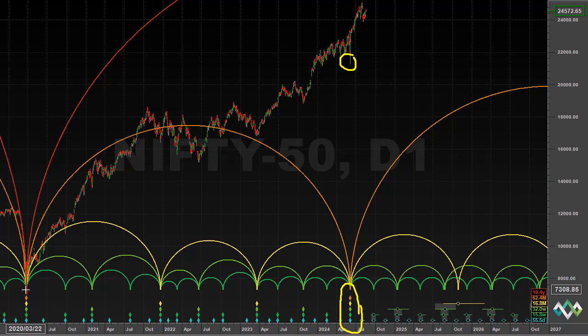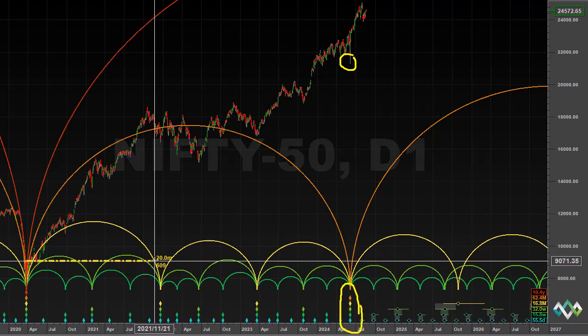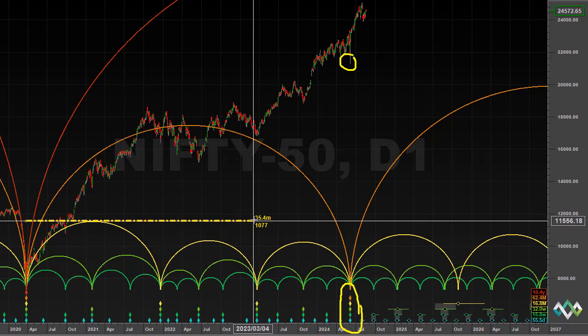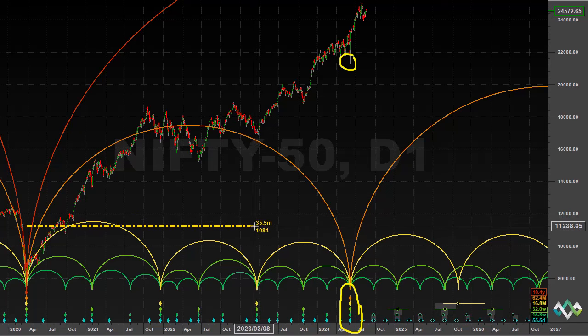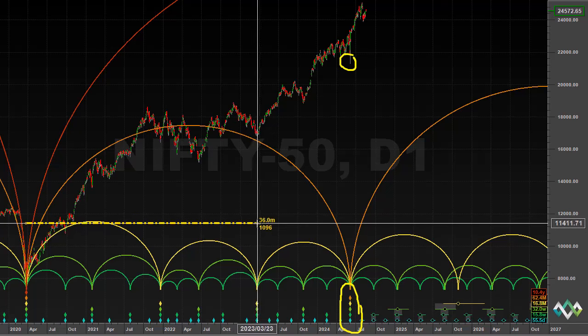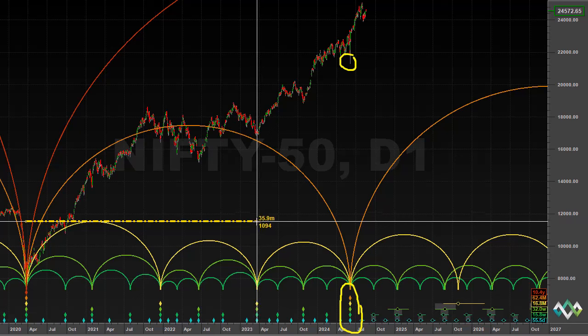If we measure these cycles, you can see that we have a fairly good regular beating of the 18-month cycle, with two 18-month cycles coming in at 1,096 days. Or if I align my mouse a little bit better, 1,094 days. That means that the average length of those two 18-month cycles would have been 547 days.